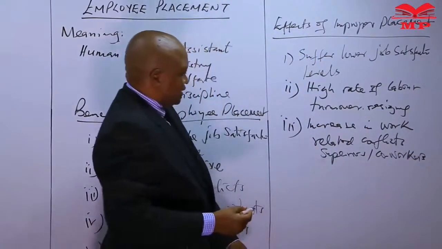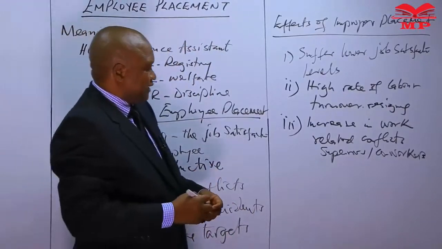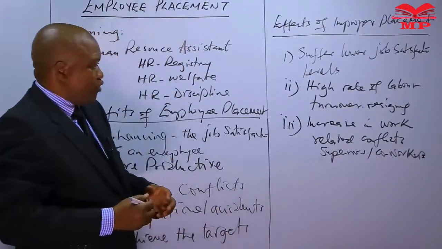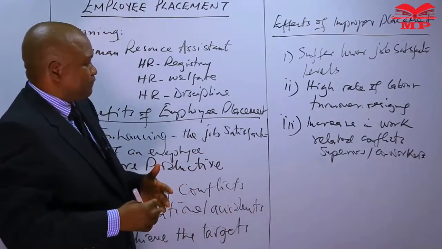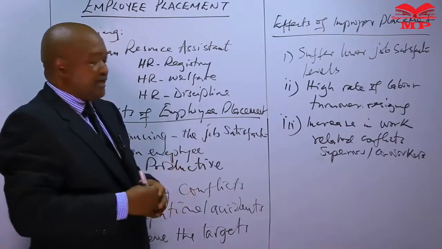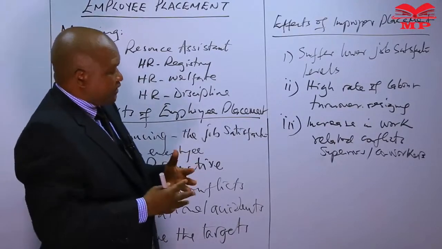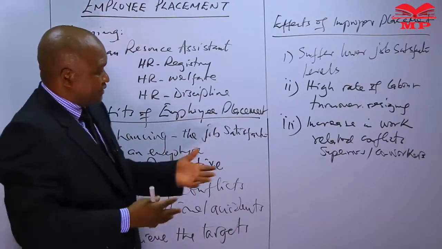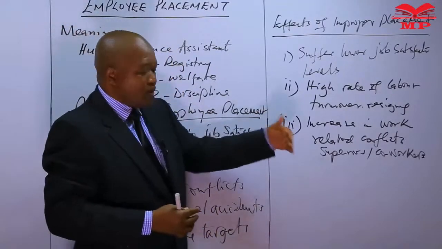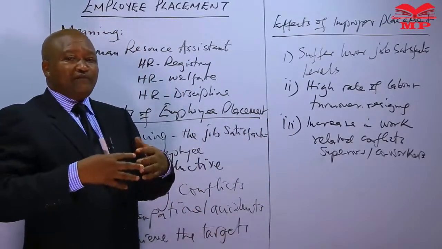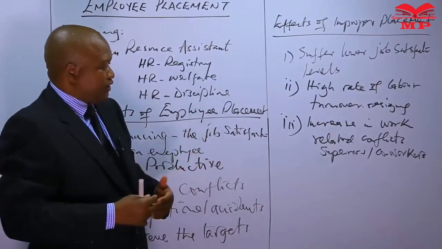What this implies is that an increase in work-related accidents will occur in the sense that workers have been given work that they are not supposed to be doing. Now, the conflicts that may arise from the accidents that may happen in the work environment, or the superiors and co-workers may not be sufficiently happy with the employee.